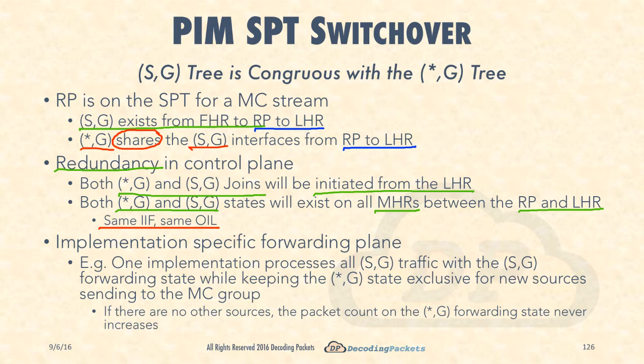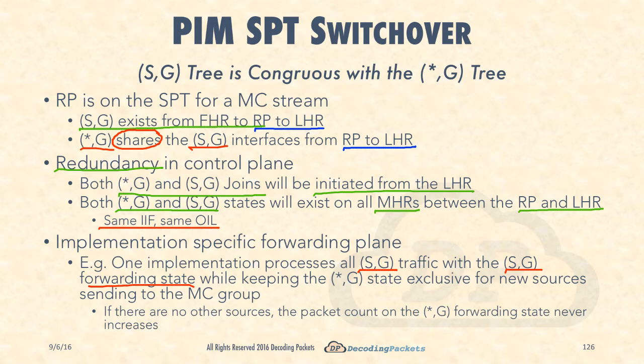For example, in one of the implementations that I came across, as the traffic comes from the multicast source S on multicast group G, after the SPT switchover it does not use the star,G forwarding state anymore. It only uses the S,G forwarding state.